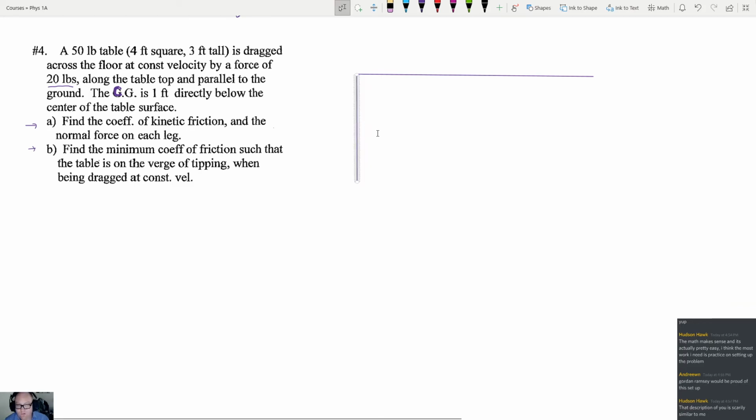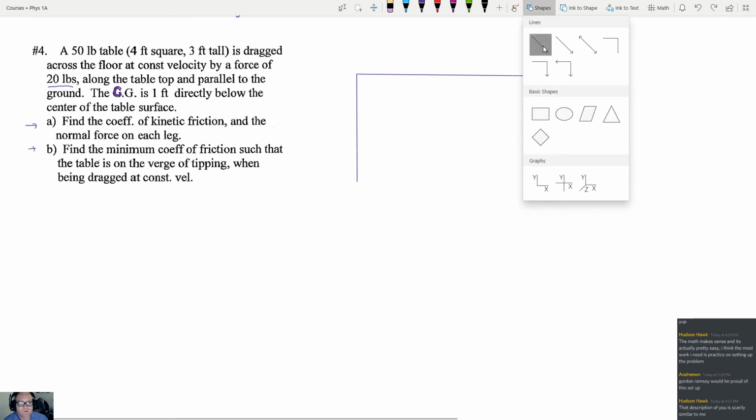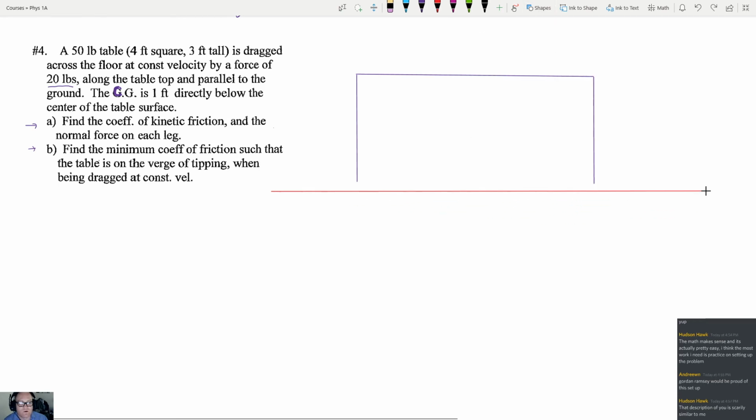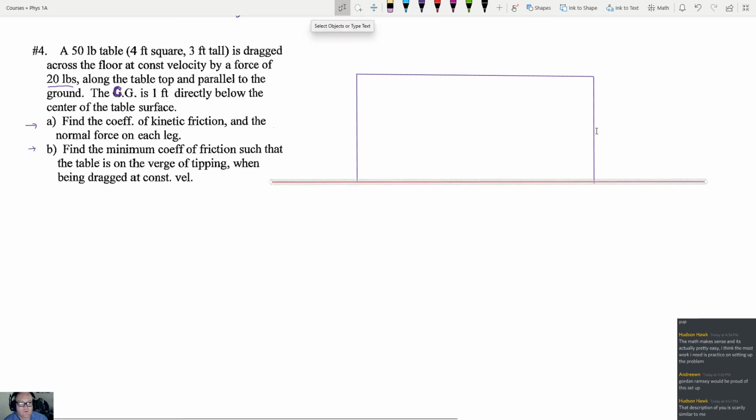So that's 1. There's 2. We also have the ground. Let's draw a line for the ground down here, and square it up with the legs. Okay, so that's basically our table.